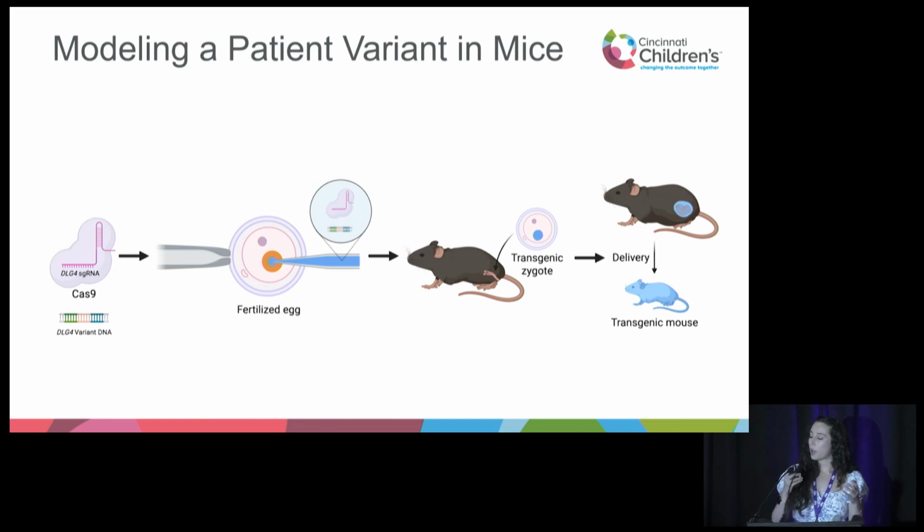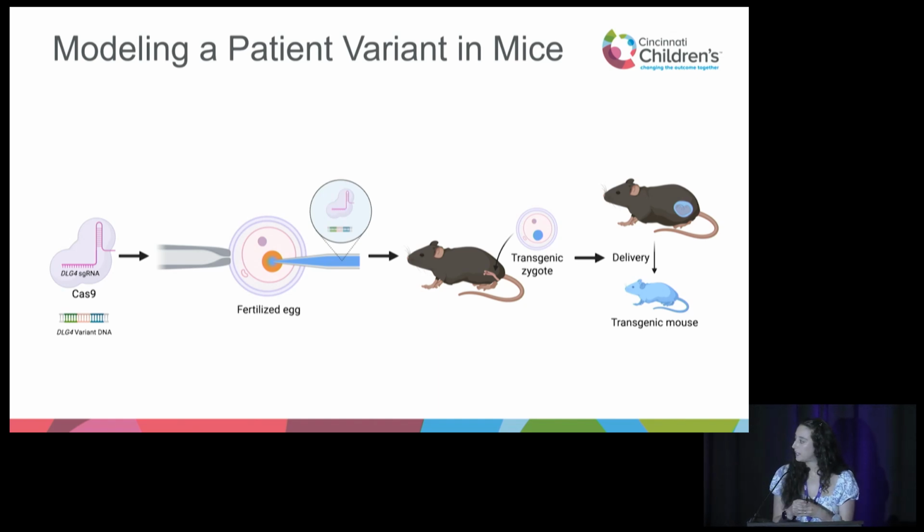So our lab was really interested in making a SHINE mouse in order to model what we see in a patient at Cincinnati Children's that has a particularly severe form of SHINE syndrome. The way we do this is we use CRISPR-Cas9, which I'm sure many of you have heard of. This is a means of very specifically inserting our gene with the variant of interest into the mouse, so it's expressed ubiquitously in the mouse, like we see in the patient.